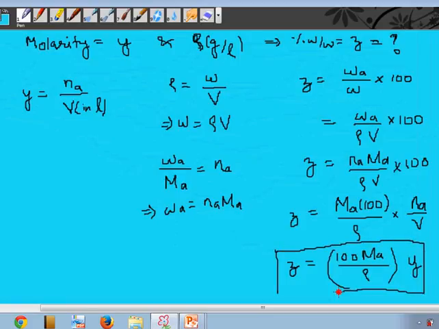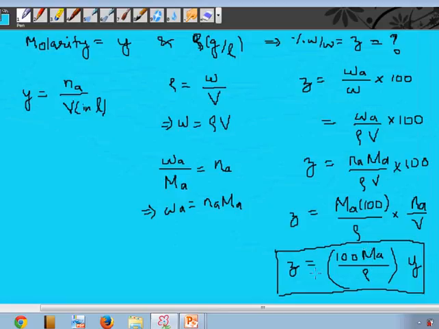Okay, so if I have molarity, I can calculate percentage mass, that is mass percent, or if I have mass percent, I can calculate molarity Y. Remember that Ma is gram molar mass of solute, and rho is density of solution, which is in gram per liter. Because unless you take care of the units, this formula won't be correct.